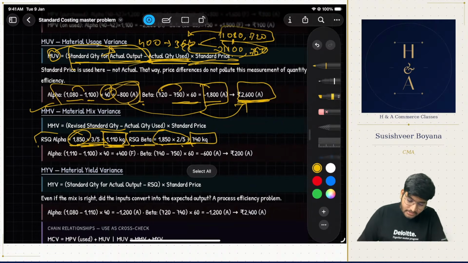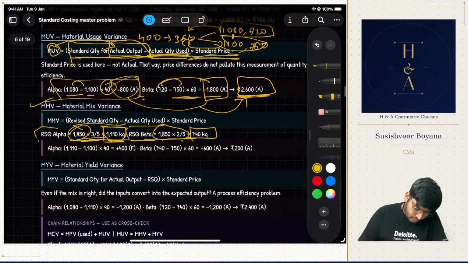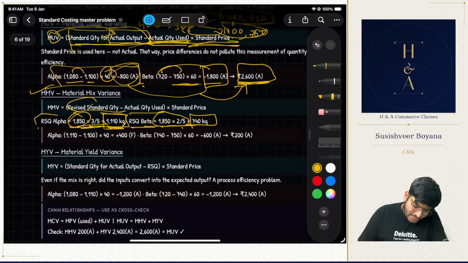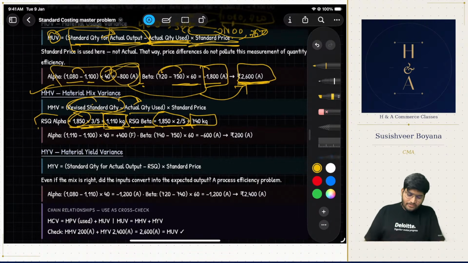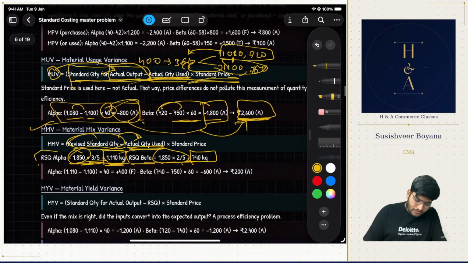So what is RSQ? Why are we splitting it? Understand something. Only once the revised standard quantity is deviating from the actual quantity used will we understand what the mix difference is. I know that alpha and beta are supposed to go in 3:2 ratio.